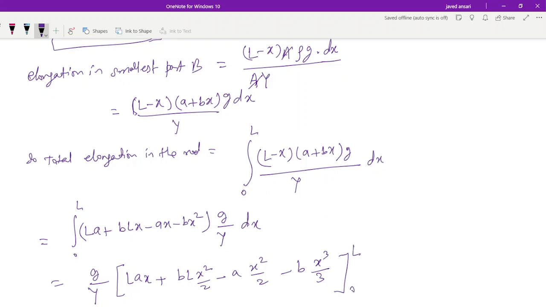And put the limits. Let's put the upper limit first. L A and then L plus B L into L square by 2 minus A L square by 2, minus B L cube by 3, and then once you put 0, all these terms will become 0, so you don't have to put it.